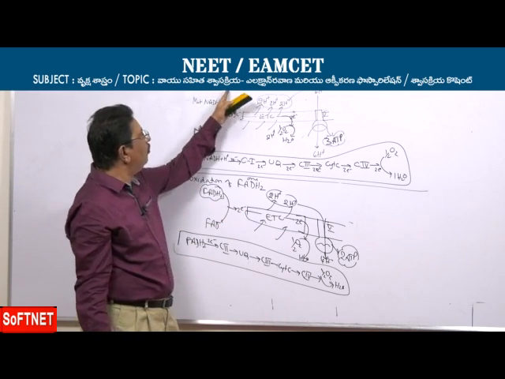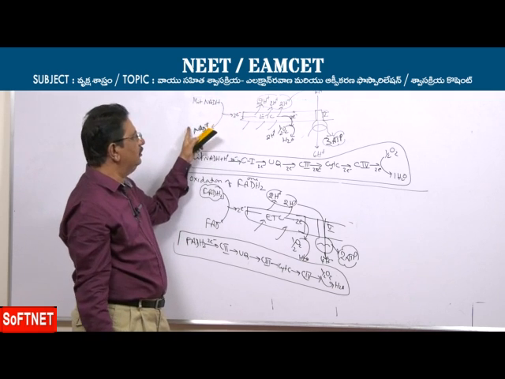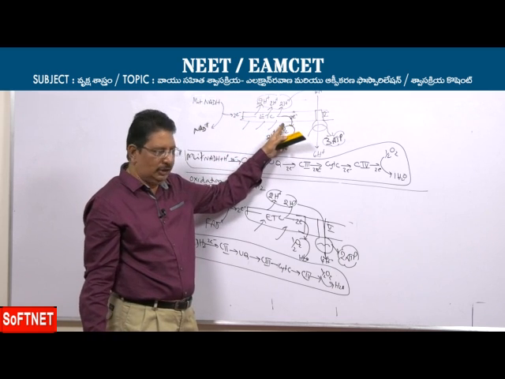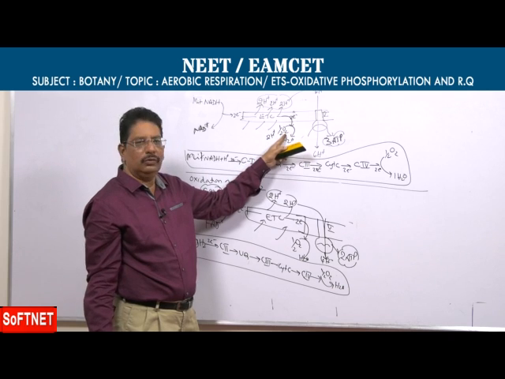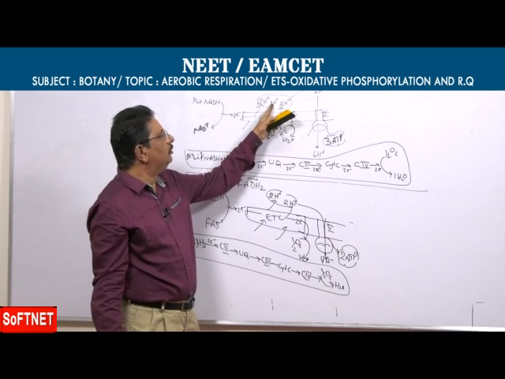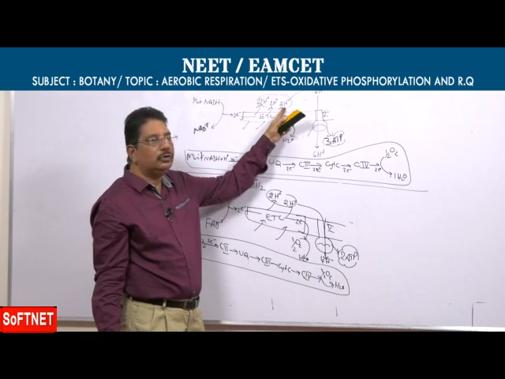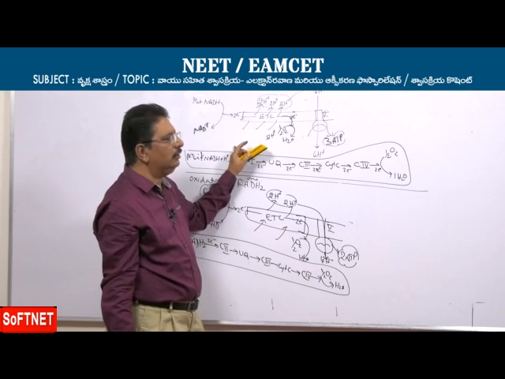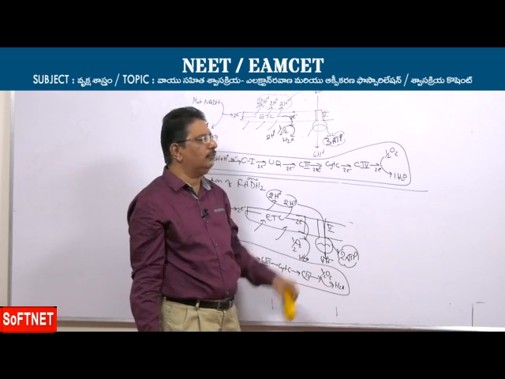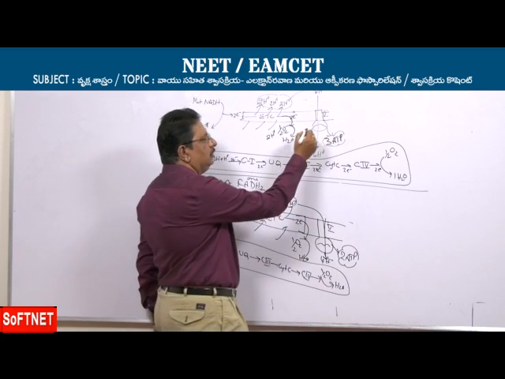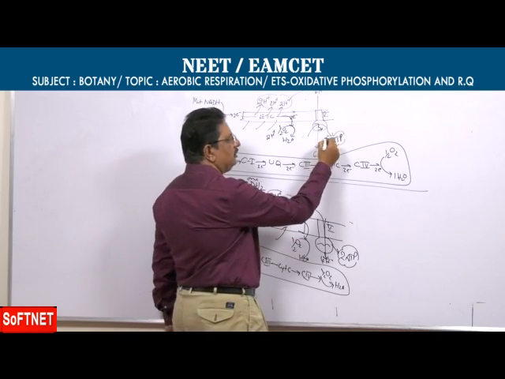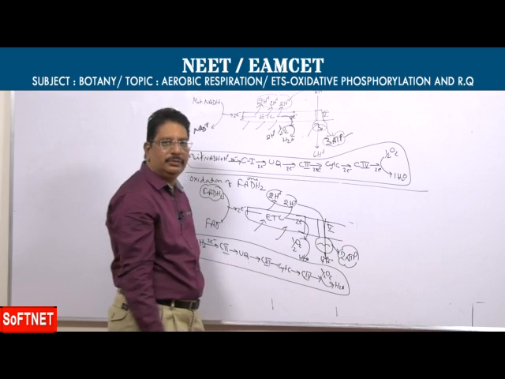So, in oxidation of 1 mitochondrial NADH, a pair of electrons pass through the electron transport chain and finally reach oxygen to form water, during which 4, 2 plus 2 plus 2, that is 6 protons are accumulated, which are returned back to the matrix via complex 5, during which the energy of the 6 protons is utilized in the synthesis of 3 ATP.